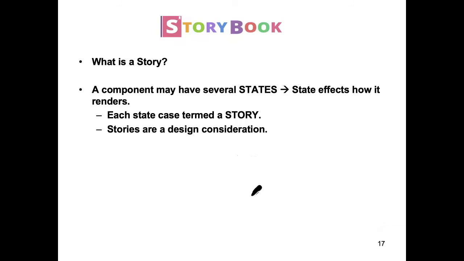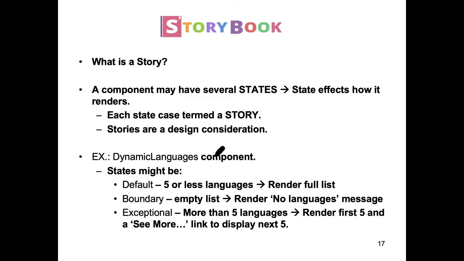And by states, I mean it relates to the data associated with that component. The data may have different values, and the value of a particular data variable within a component may influence how that component renders on the screen. And each of the state values is referred to as a story. Now let's try and make something tangible here.